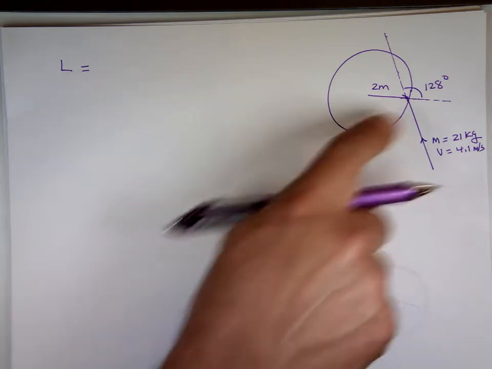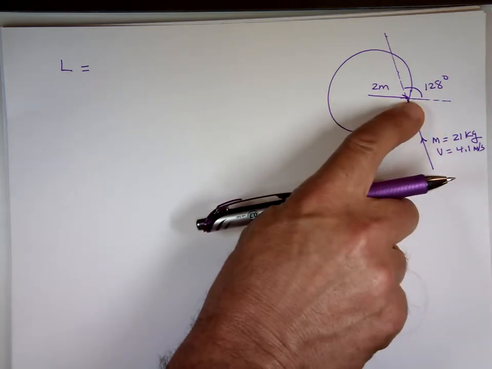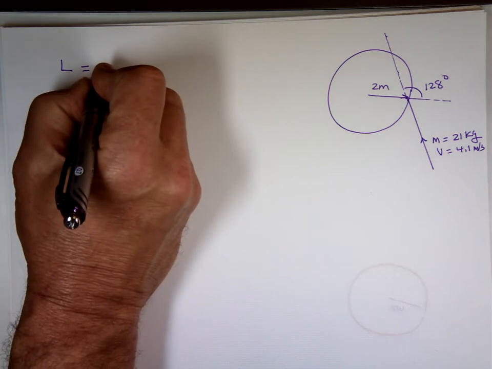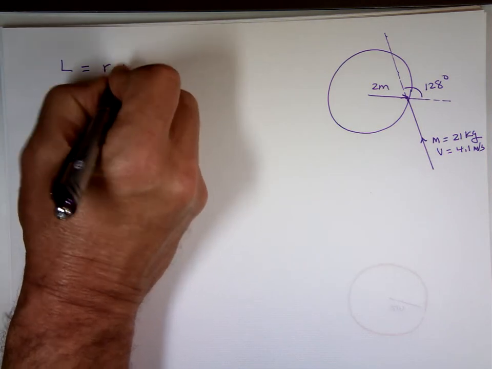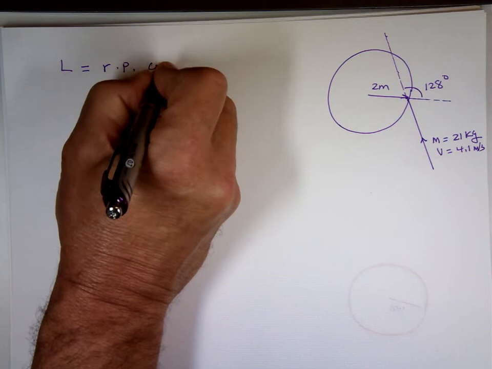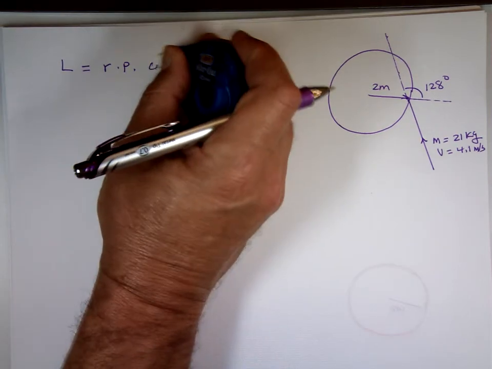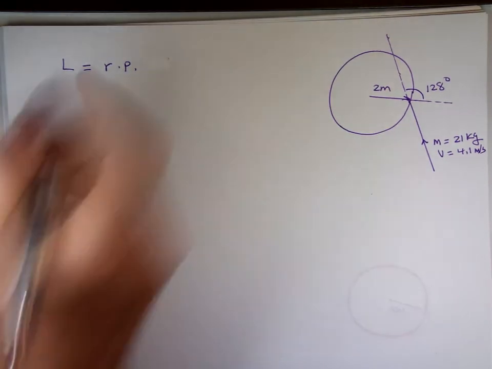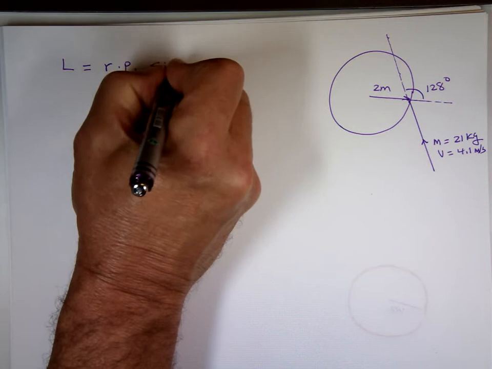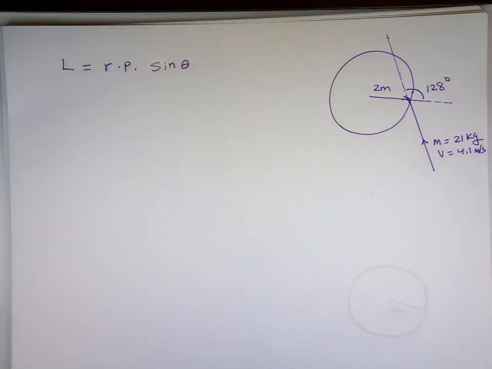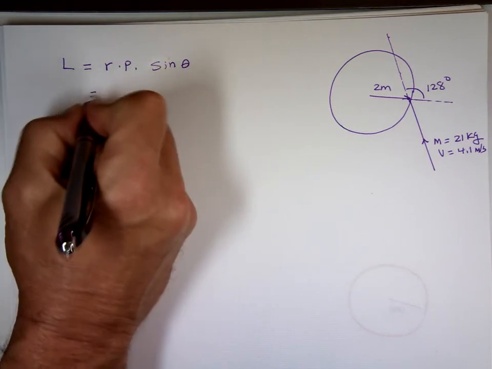Since the angle is with respect to the x-axis, we say it's R times P times the sine, not the cosine, times the sine of theta. And P is what? Mass times velocity.